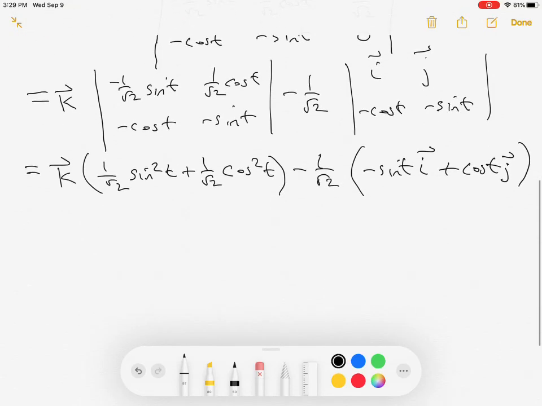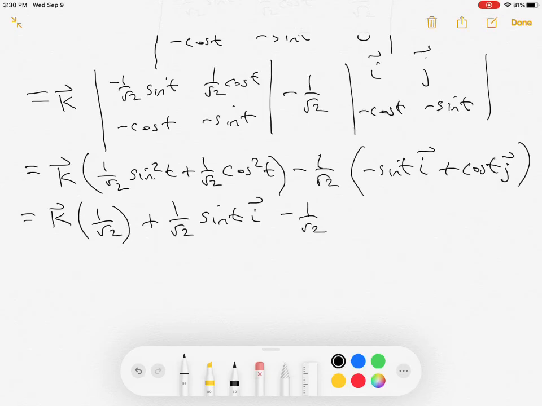Okay. It's like an Energizer bunny problem here. So sine squared plus cosine squared is 1, so this becomes 1 over root 2 plus 1 over root 2 sine t i minus 1 over root 2 cosine t j.